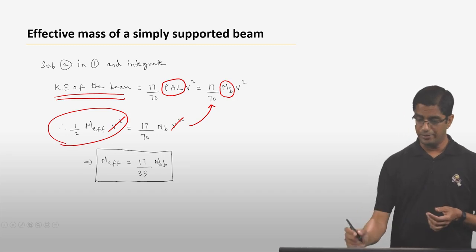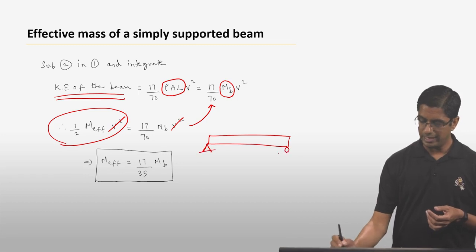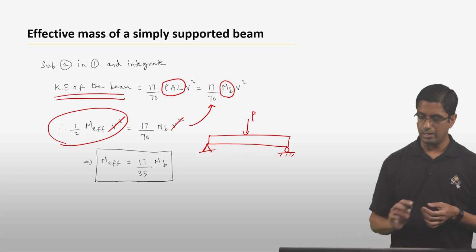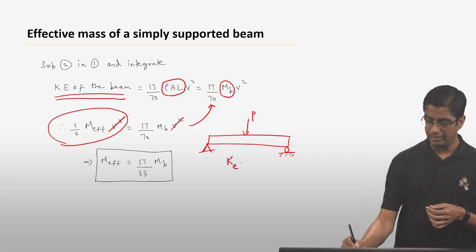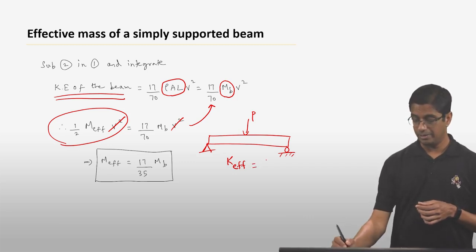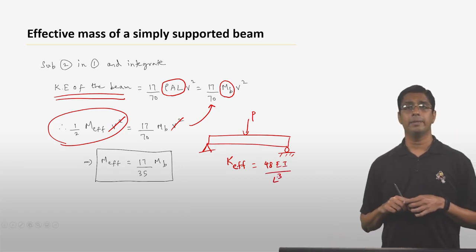Now if you look back at one of our previous lectures, when we had a simply supported beam that was subjected to a force at the middle, we found that the effective stiffness of this beam is 48 EI over L cubed.